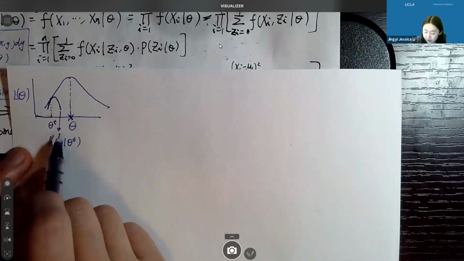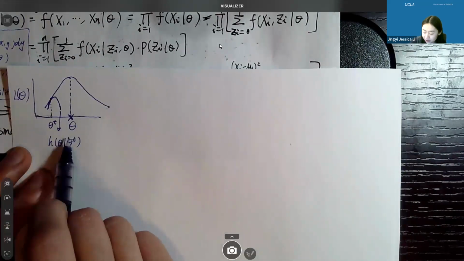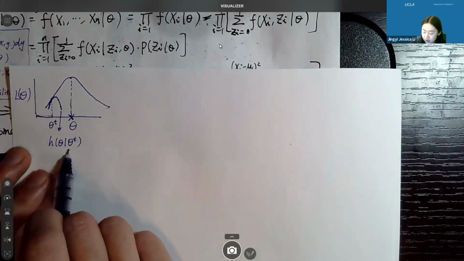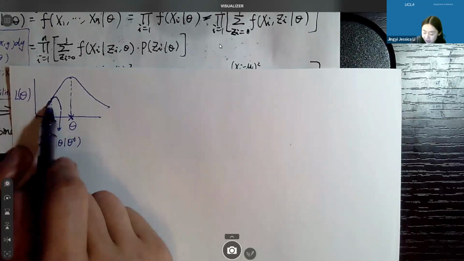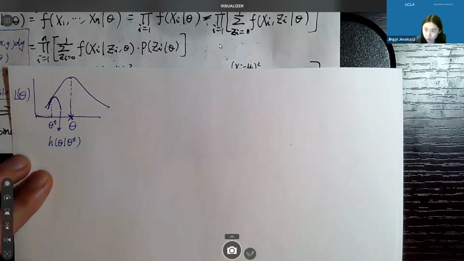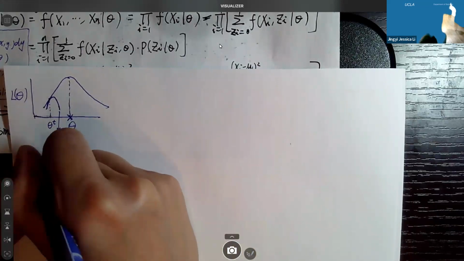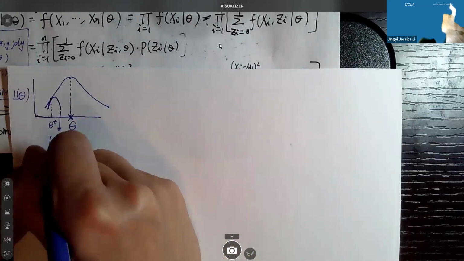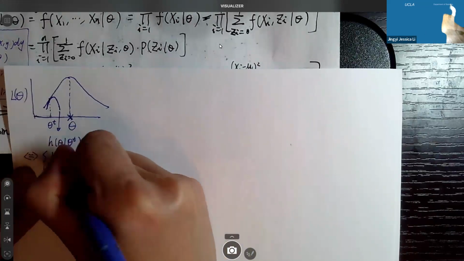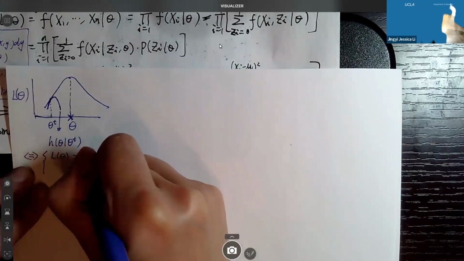It is a function of theta as well, but I put the given theta t as a mark here to make sure this function and the L function are equal to each other at theta t. In other words, this means two things. One is that L of theta always dominates this h function.